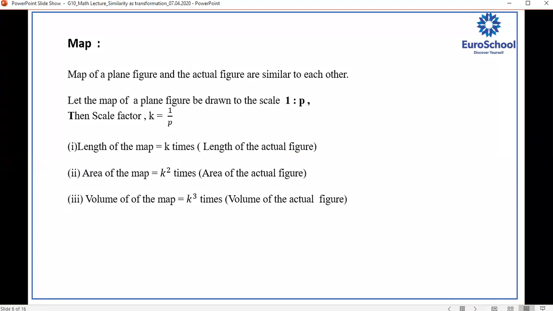Now, the third point is volume of the map. Volume of the map is k cubed times the volume of the actual figure. Suppose they are saying the volume of some object there on the map. Just relate it with real life.